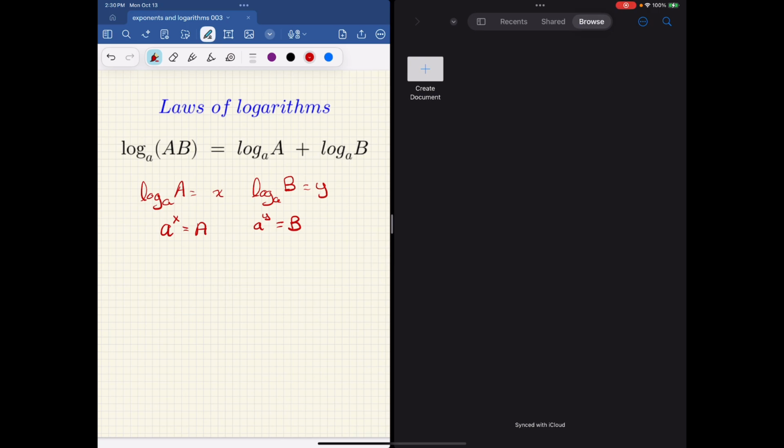Now, let's go back to our original. If we say log base a of A times B, let's make those substitutions, equals log base a of a to the x times a to the y. But from the rules that we already know about exponents, that equals log base a of a to the x plus y.